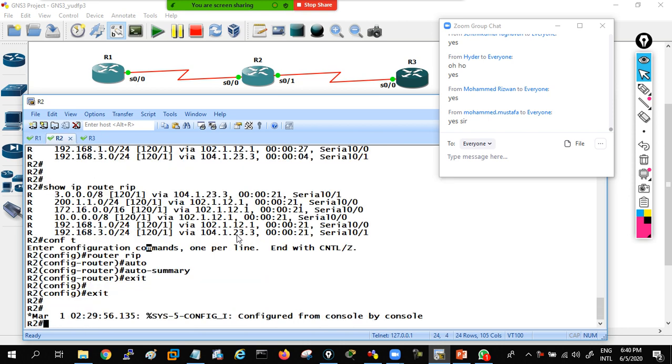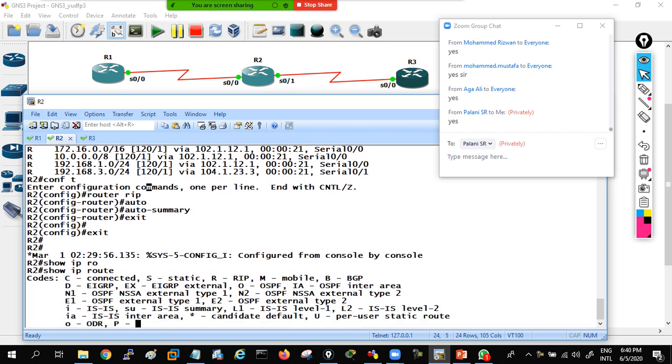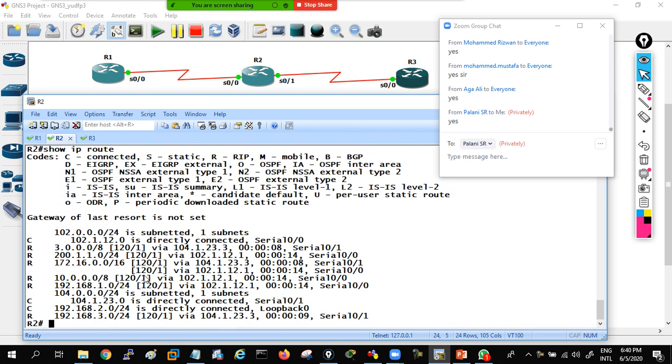So now let's check it. Show ip route. See there. It's saying that to reach the 172.16 network, you have two paths. You can go via router 3 or you can go via router 1. Did you see the mess if you don't type no auto-summary?